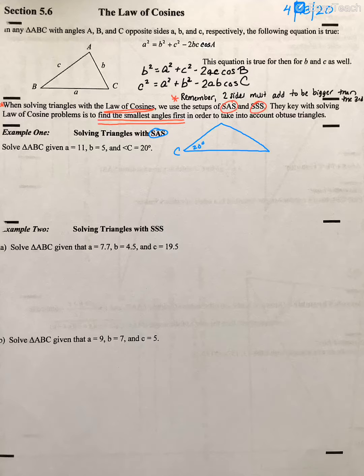I'm going to go ahead and label the rest of this. b is a smaller side, a is a longer side, so I'm putting a on my larger angle. Side a is 11, side b is 5, and side c we don't know. So there's a visual if it helps. You'll notice that that shows this is a side angle side, because that's the information we're provided.